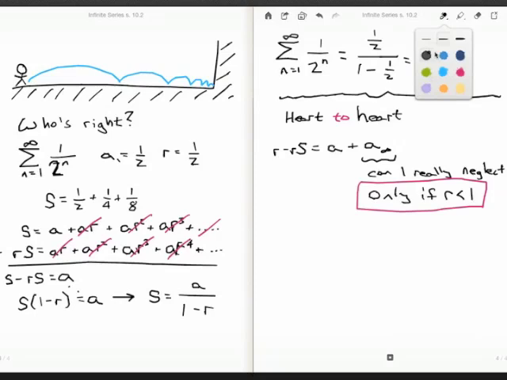All right. So let's look at another example. So we now have figured out that we can sum up a geometric series. So let's see if we can sum up another series. And this will be the example of what they call a telescoping series.